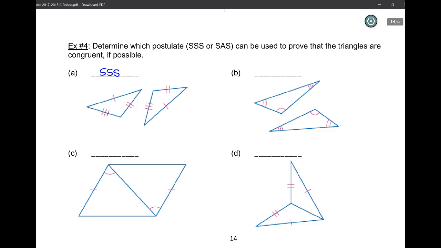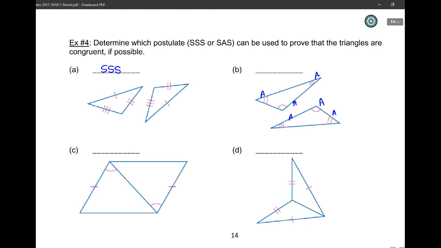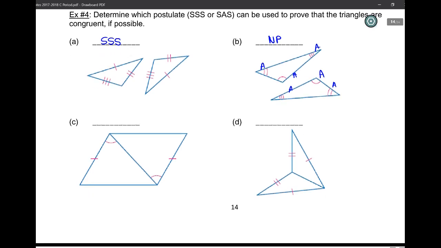Next one, well, actually, if we look at this, this is an angle. This is another angle, right? And this is another angle. Angle, angle, angle is not a congruence postulate, so this is actually not possible. So we'll just put NP for not possible.